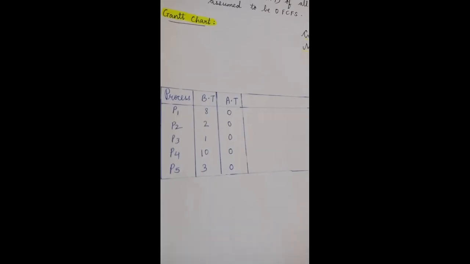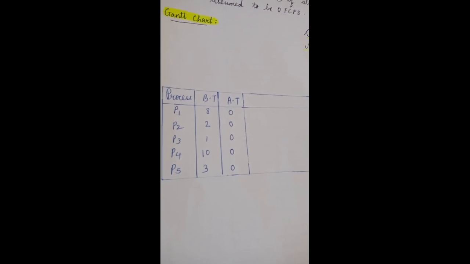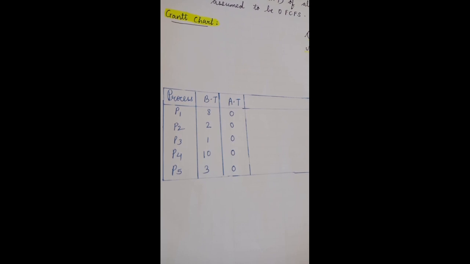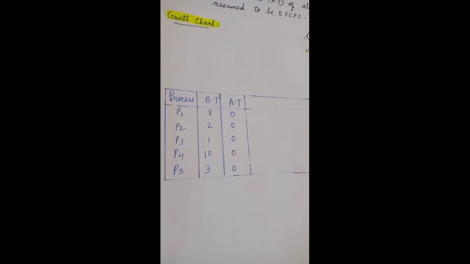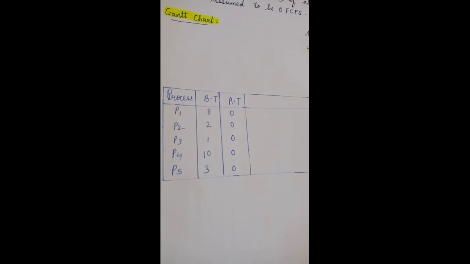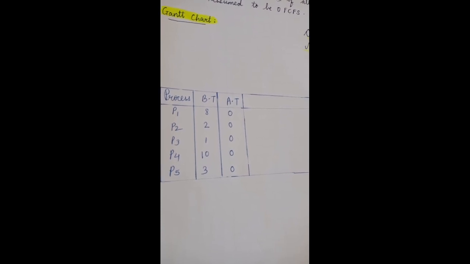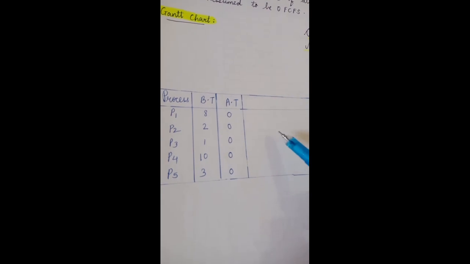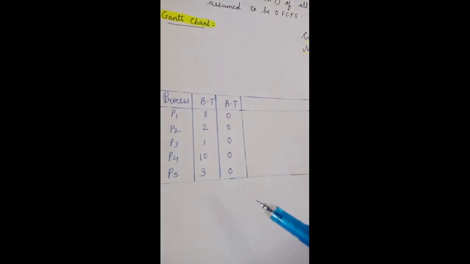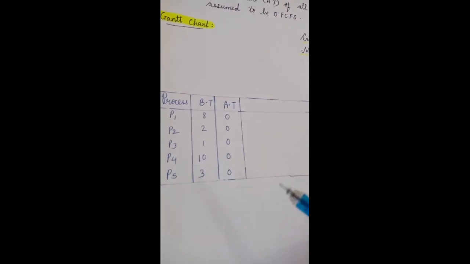Now the next step is, let's draw the Gantt chart for this. So first is the process P1. As in this problem arrival time is 0 for all, I have made one column and written arrival time 0 for all the processes from P1 to P5.